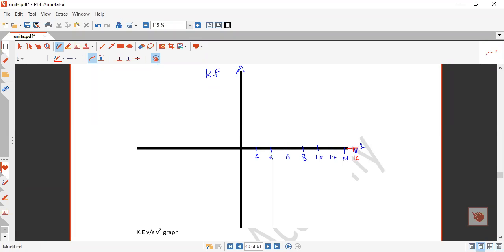So here is our x-axis, right? Let me erase it.